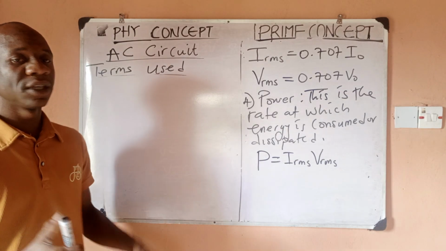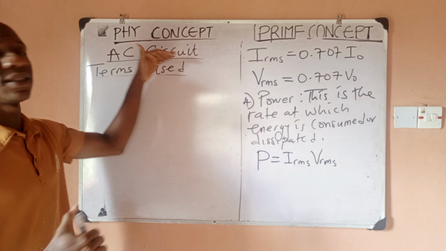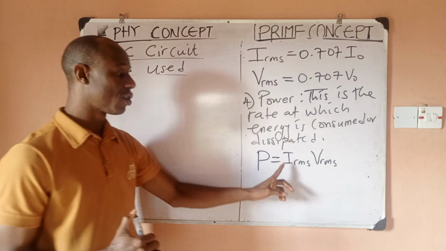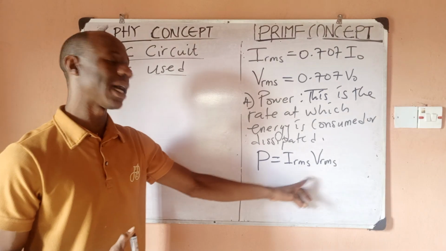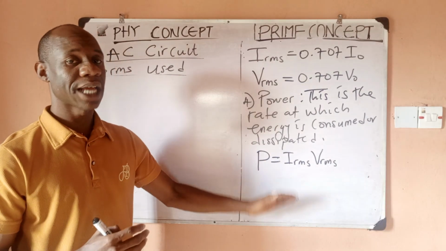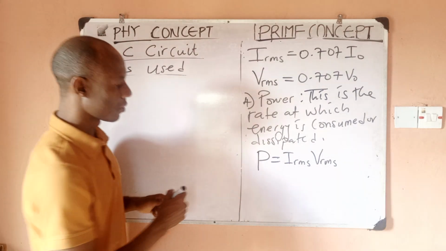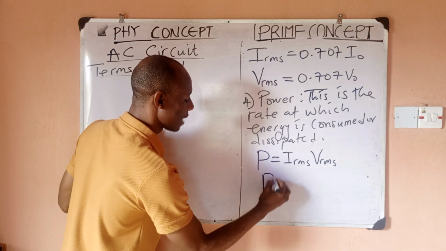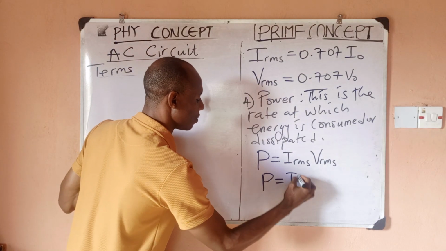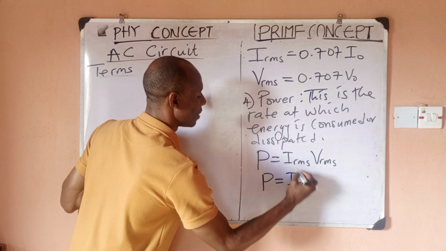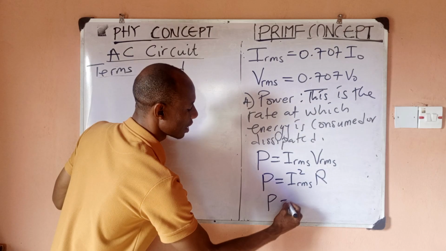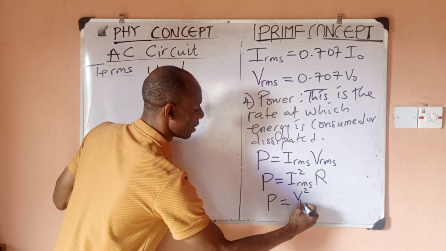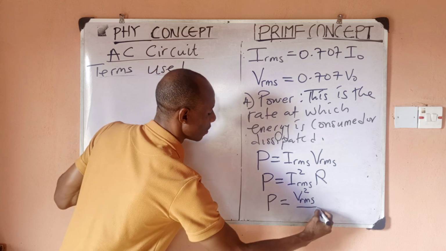It's not just IV. Now, in some books, when you're treating AC circuits, you would see just IV. So most people don't want to go through the stress of writing RMS, or what they actually mean is RMS values. Now, same way we can have that P is going to be I RMS squared times R. And then also P can also be V RMS squared over what?